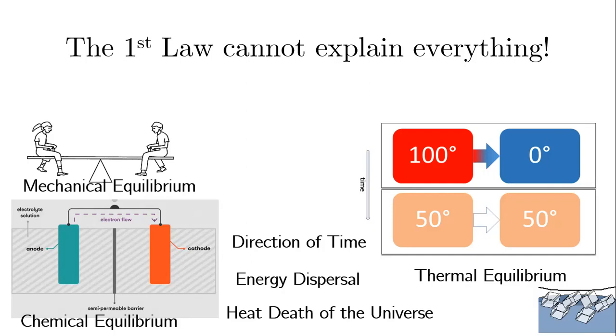The second law takes care of that. It's a catch-all for all of those things. It will explain the heat death of the universe and also why time goes forward. It's a very powerful law that has a lot of ramifications in a whole lot of different fields. So let's see how that goes.